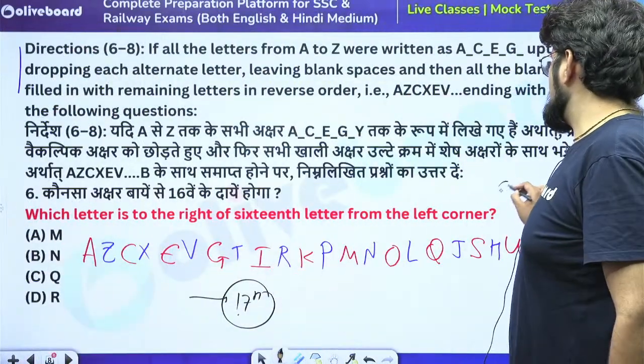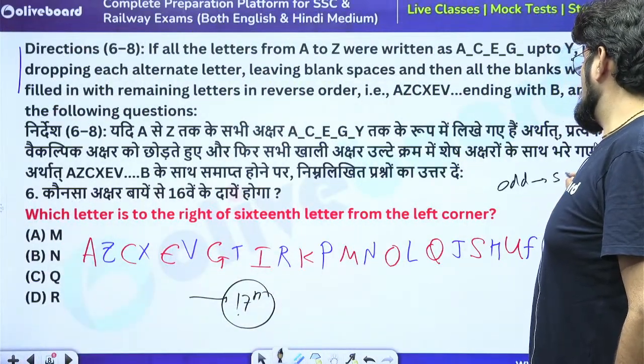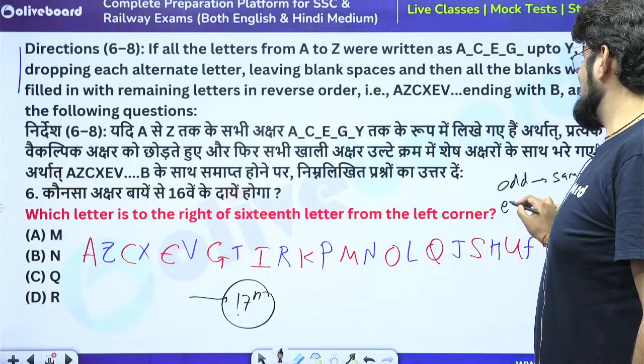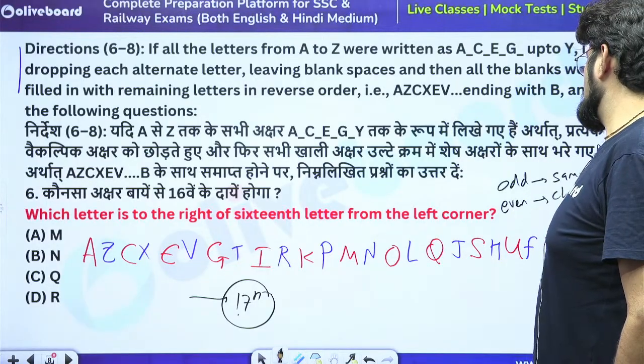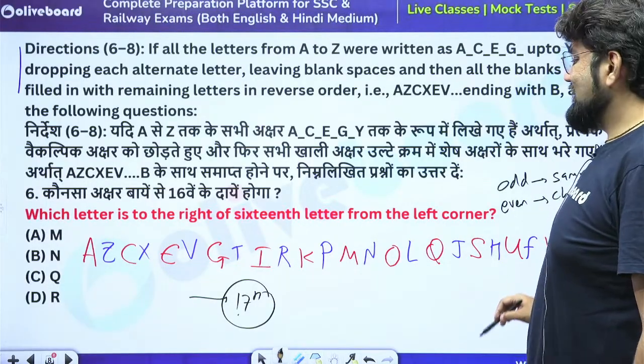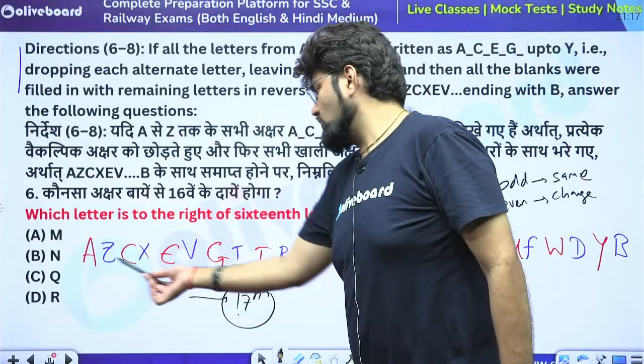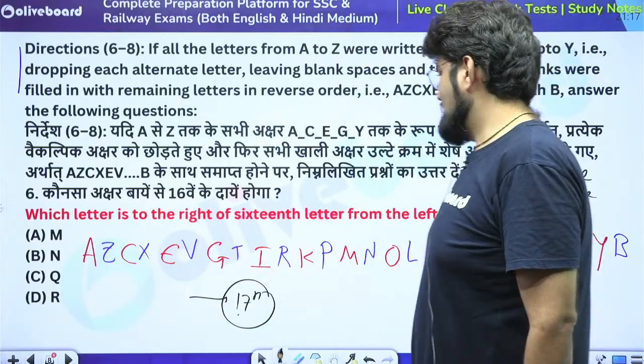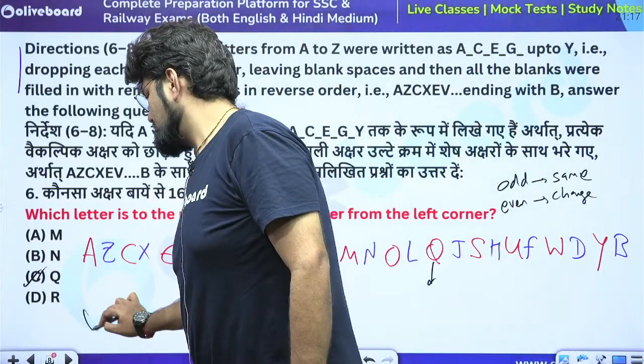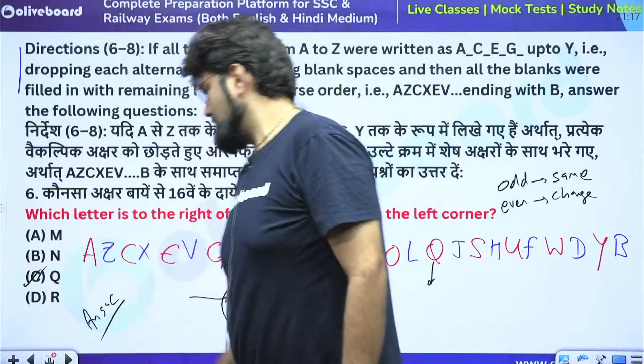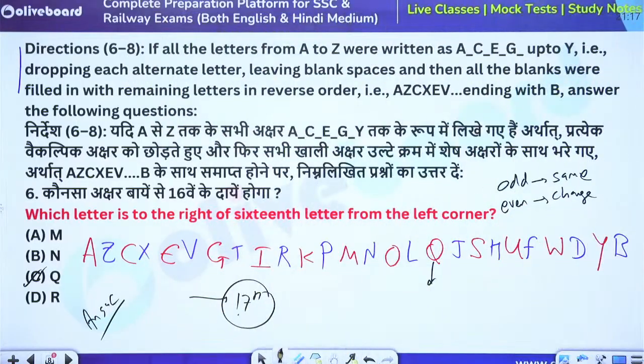Letters in the odd position are the same. Letters in the even position are what are changing. Correct? 17 means odd position. So from the left, odd position will be 17th letter is what? Q only. So option C is my correct answer. Got it? Correct, correct. Good, good, good.